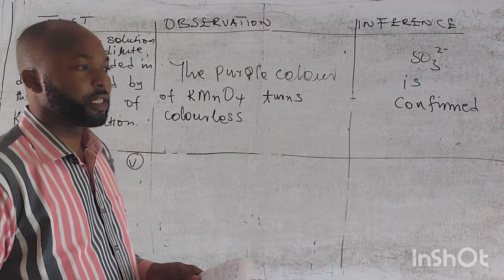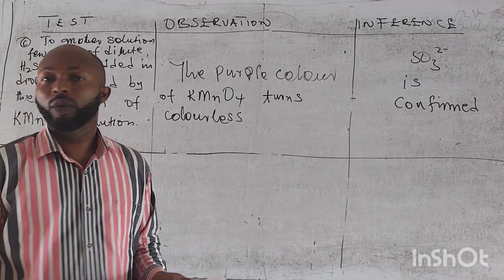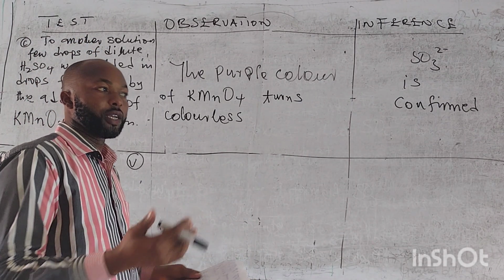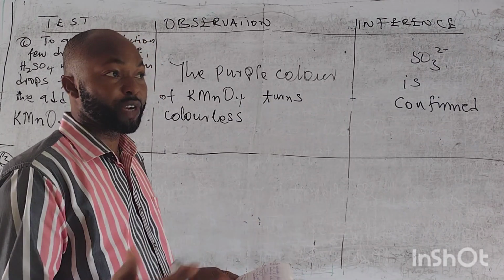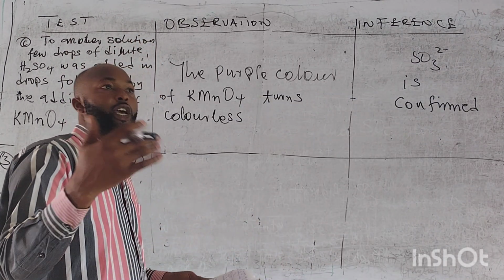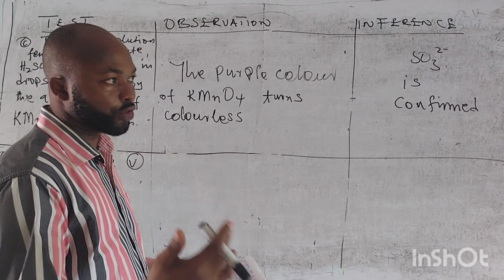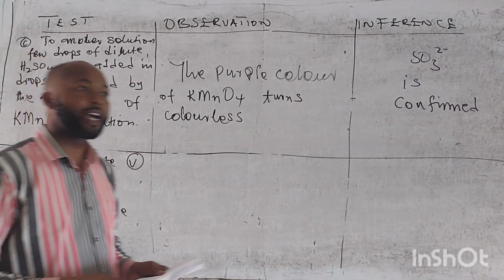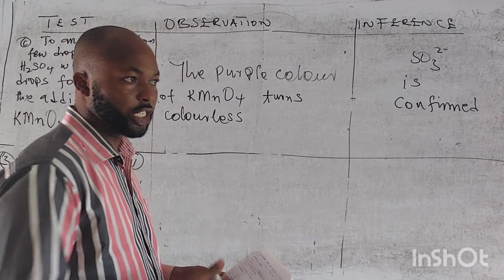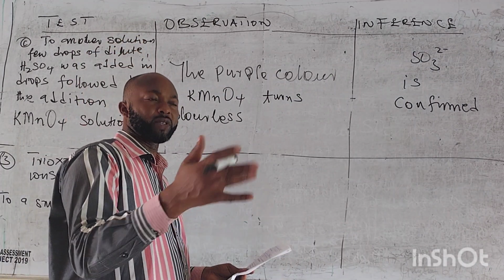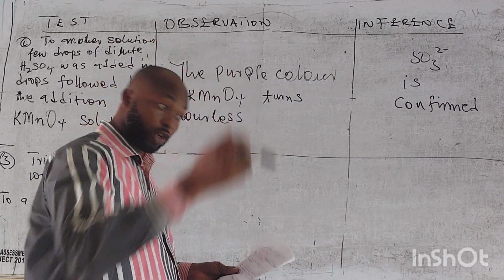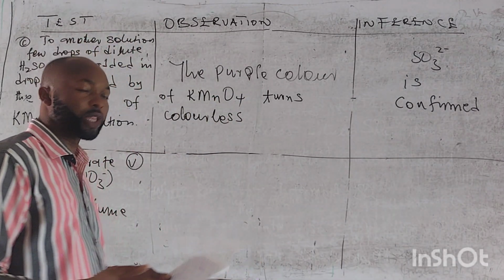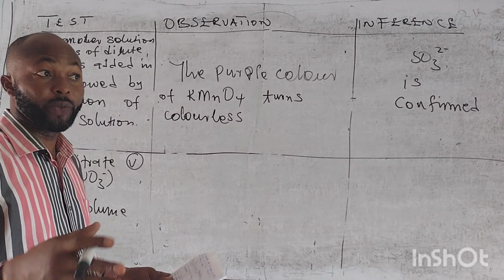Now in the test for SO3, we still add barium chloride. When we add it, we get our white precipitate, and the inference is SO4, SO3, S2- and so on present. We follow that by adding dilute HCl, where the observation is soluble. We have CO3 and SO3 probably present.